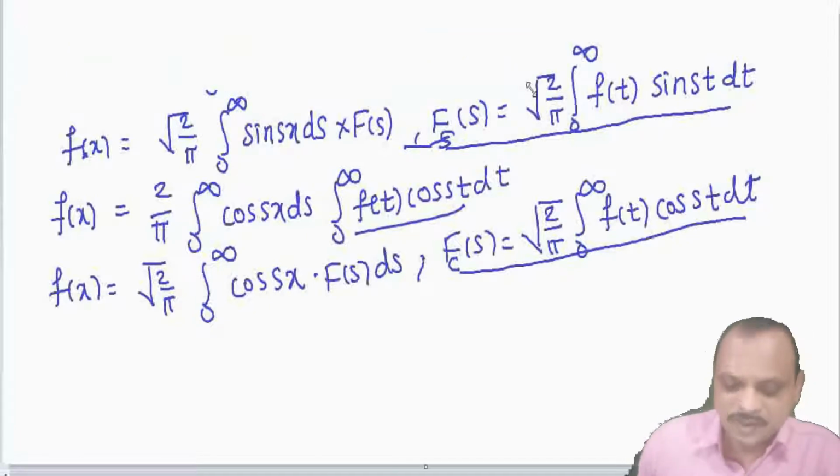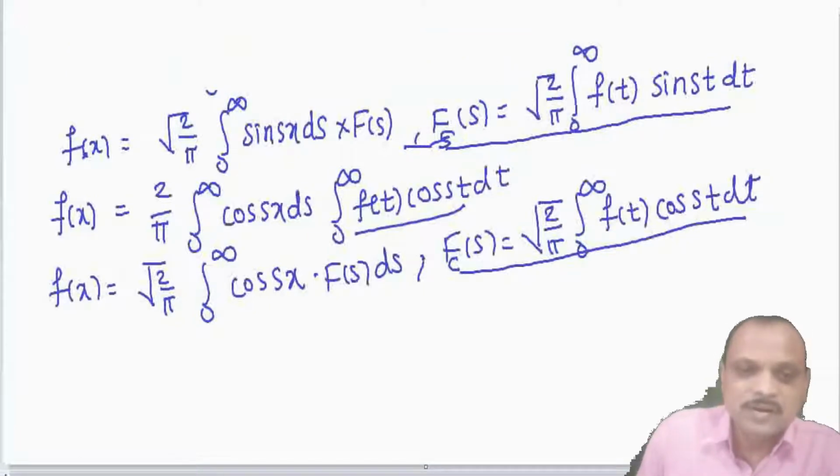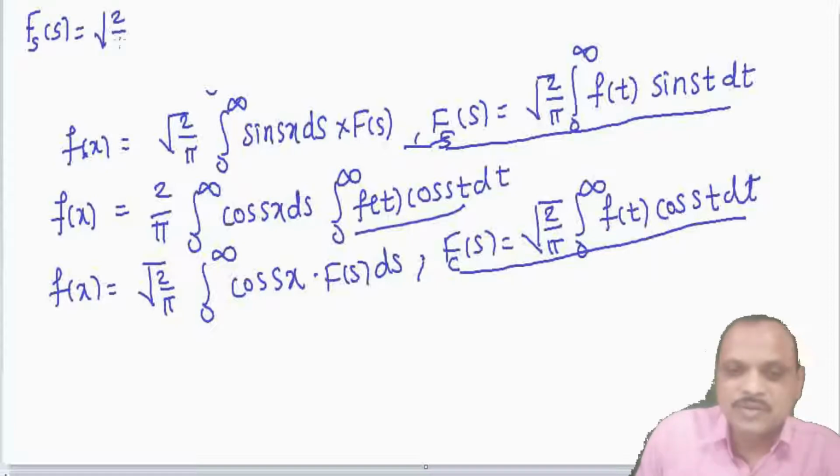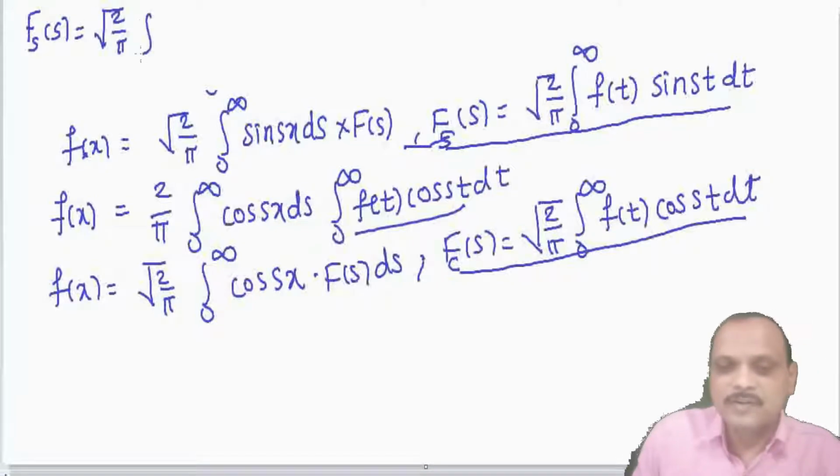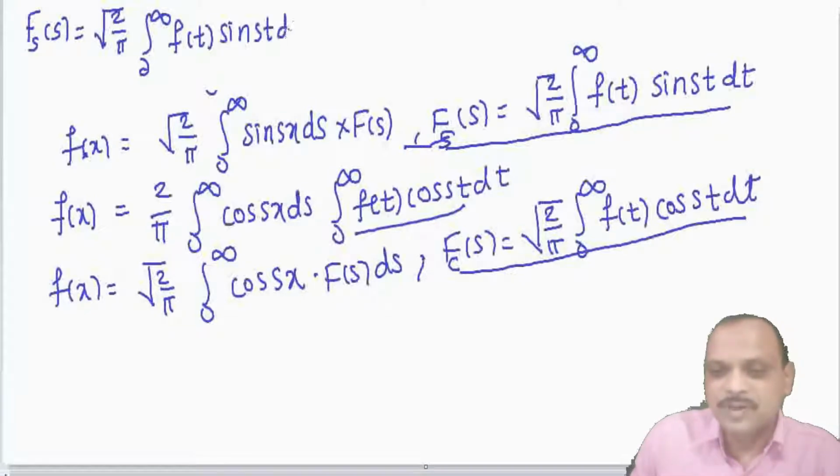So firstly, what is the Fourier sine transform? The Fourier sine transform is under root 2 divided by pi integration 0 to infinity f of t into sine st into dt. And next, what is the Fourier cosine transform?